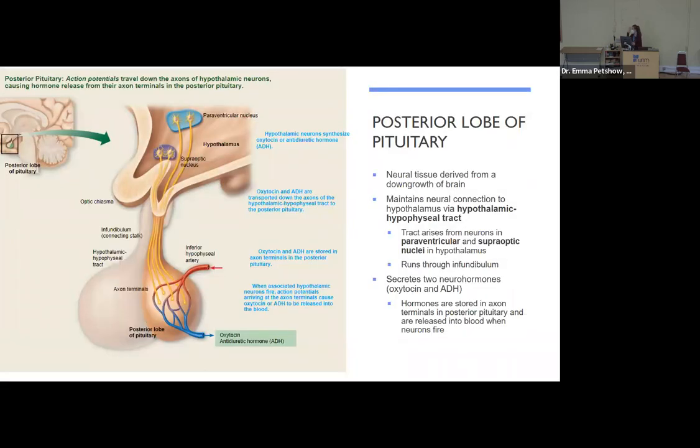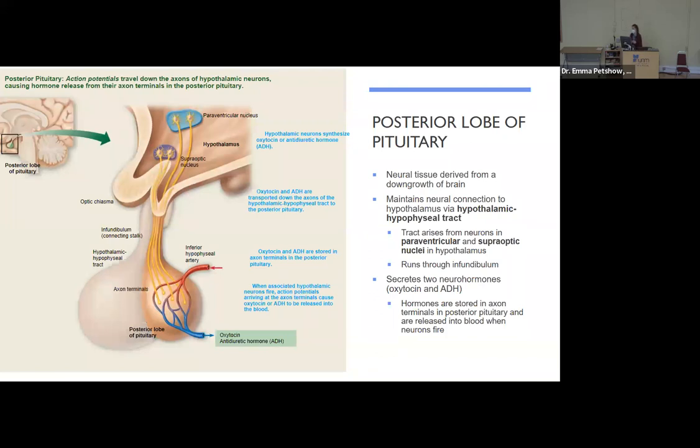This is a picture if you're visual, like me. You can see here hypothalamus up top, our infundibulum, and then our pituitary gland. You can also see the paraventricular and supraoptic nucleus. So a little bit of neuroanatomy here. They're going to come down from our hypothalamus and synapse onto the posterior lobe of the pituitary directly.